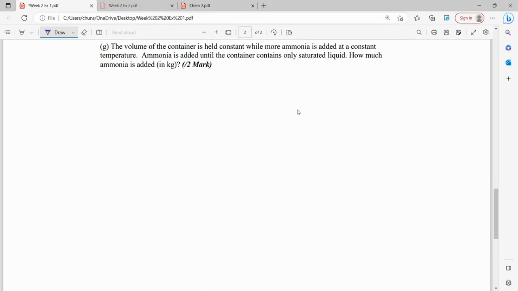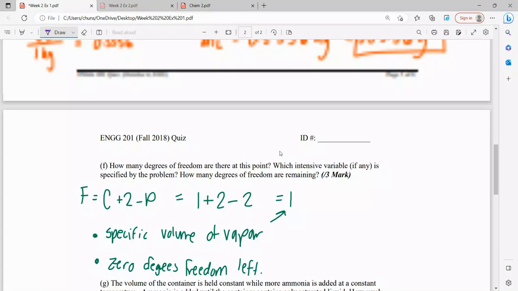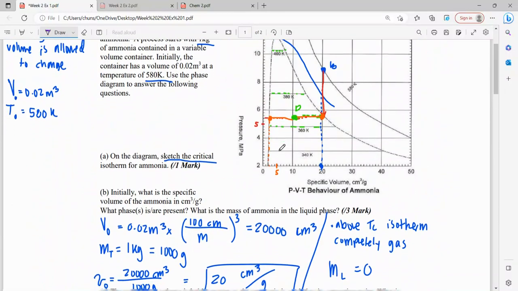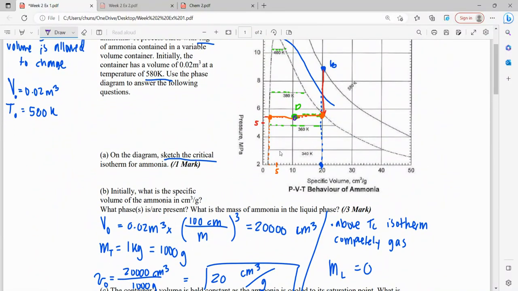First thing we're going to want to do is find out where our saturated liquid is going to be occurring. So we previously left off at this point here. And as we decrease our volume, it's going to become liquid, and only at this point right here does it become fully liquid. So this is going to be called point G.